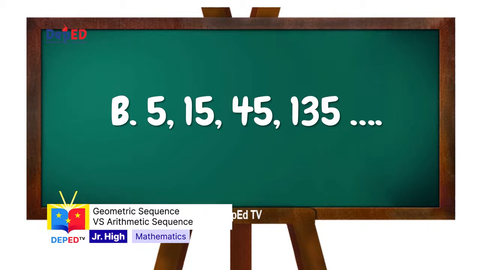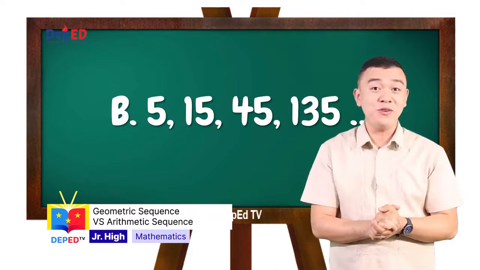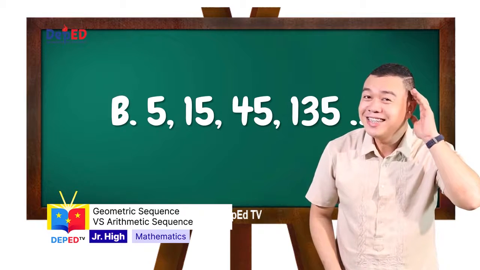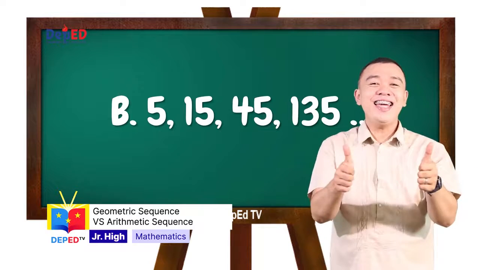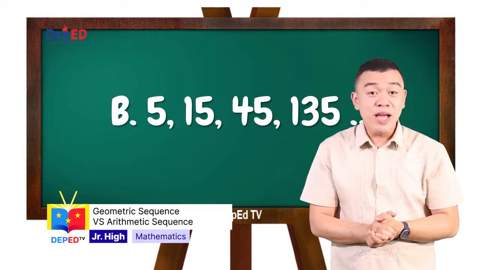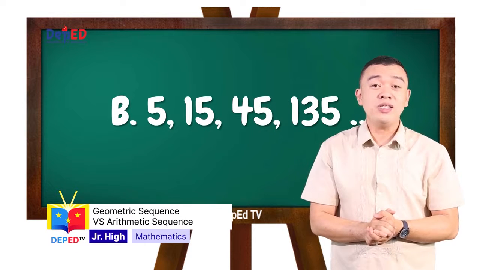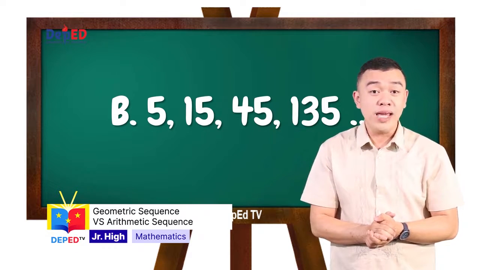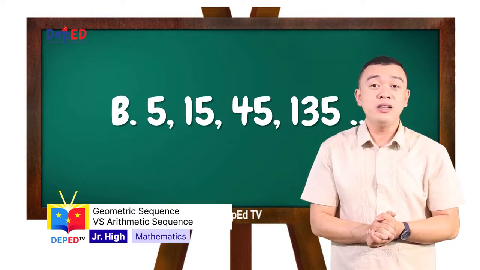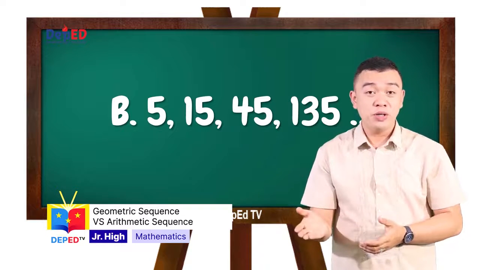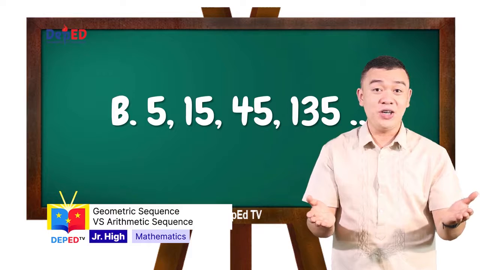For sequence B, 5, 15, 45, 135, and so on is what type of sequence? That's right. It is a geometric sequence because a common ratio 3 is multiplied to the preceding term to get the succeeding term.